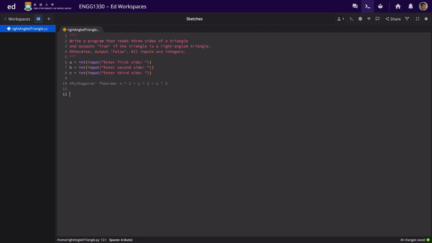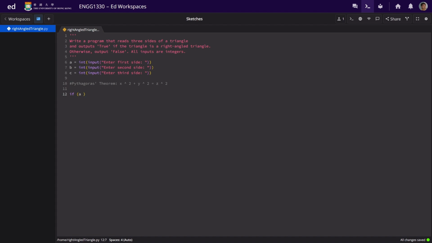So to make sure that we cover all possibilities, we need to consider the three possibilities that A is plugged into Z, B is plugged into Z, and C is plugged into Z. So we need to use OR to link them up.